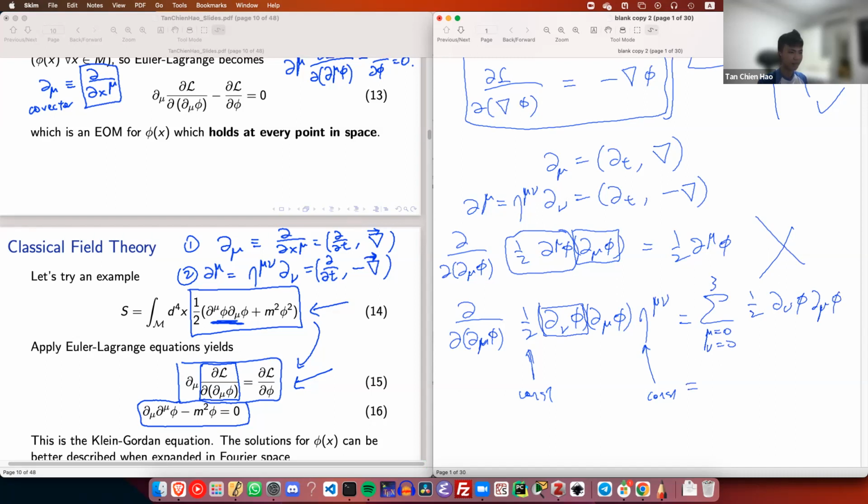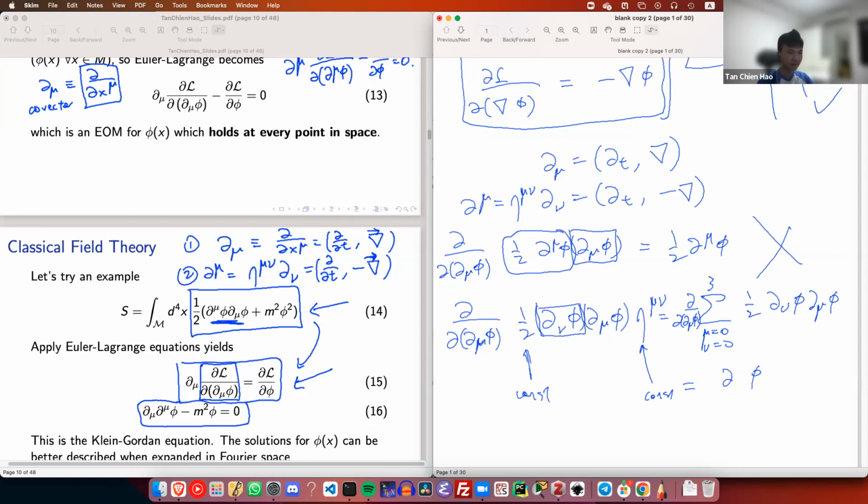Then I take the partial derivative with respect to this, and if you expand it out, you end up getting this. Or rather, sorry, I forgot to contract it.